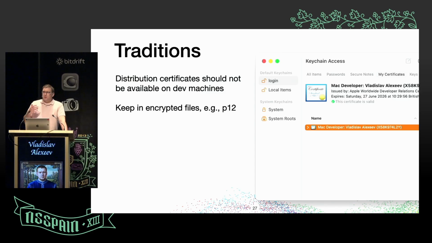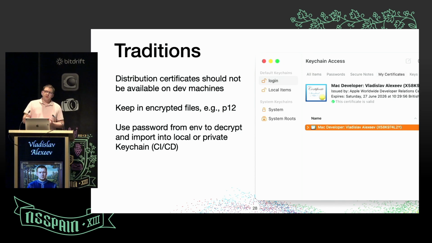On CI machines, we actually have to expose them, because we need to sign the app that is ready to be uploaded to Apple. So we tend to encrypt the private keys, or embed them into a P12 file, for example, and then decrypt them as part of CI jobs, not forgetting to delete them from the keychain after we finish, stuff like that.